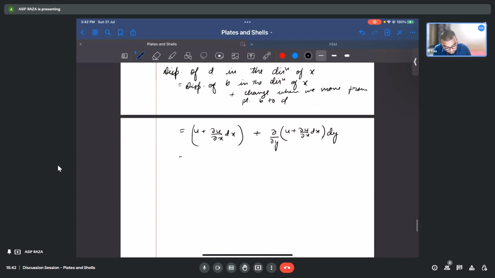As a result, the displacement of D in the direction of x comes out to be u plus ∂u/∂x dx plus ∂u/∂y dy plus ∂²u/∂y∂x dx dy, right?